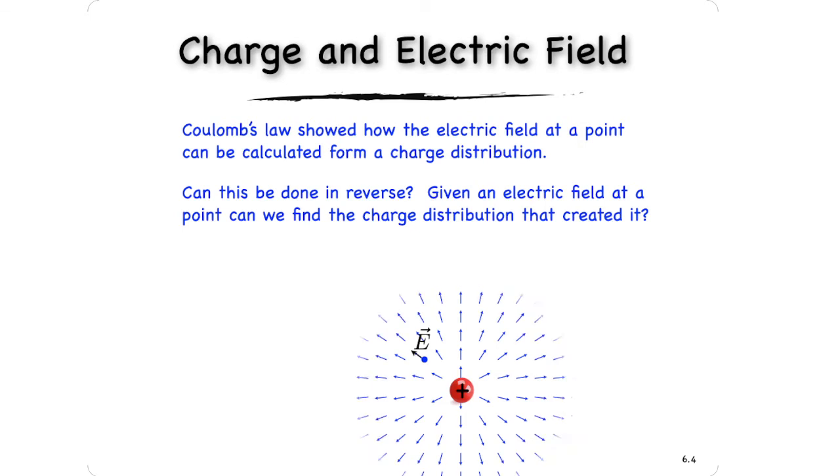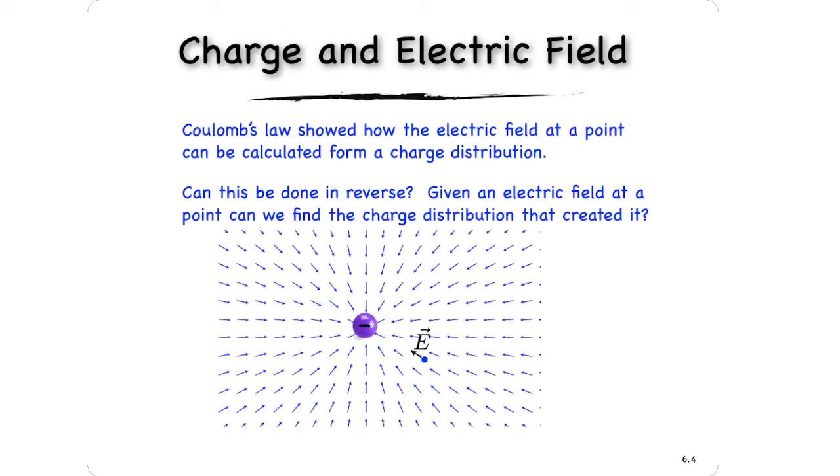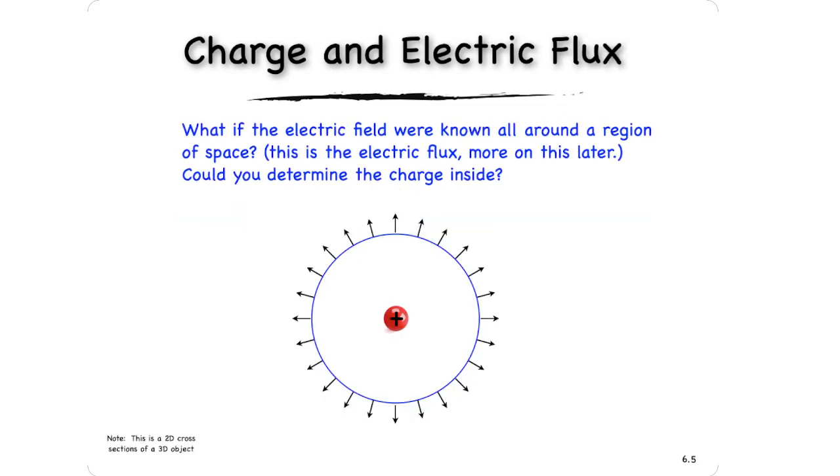However, all right, so here's visualizing different ways that we could have that electric field generated by two different charge distributions. But what if we knew the electric field at all the points around some surface? So not just a single point, but lots of points.